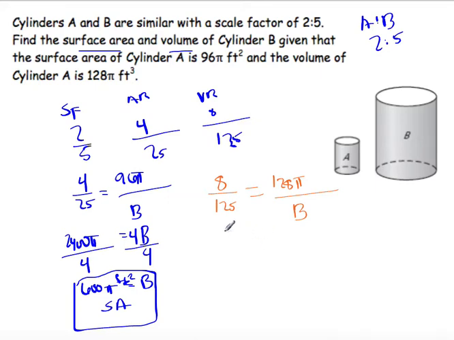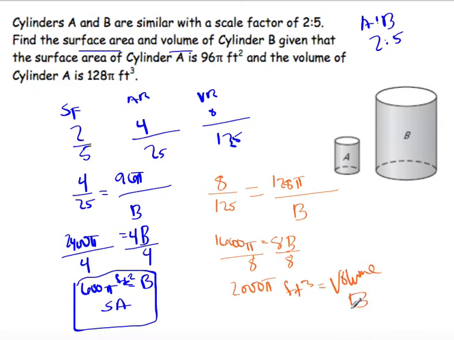And so 125 times 128 is 16,000. And that had pi on it, so don't forget the pi there. That equals 8b, and then we're going to divide by 8. And so that's 2,000 pi feet cubed for the volume of B.